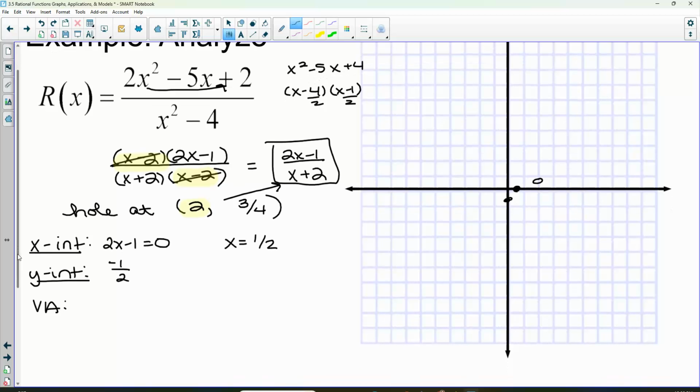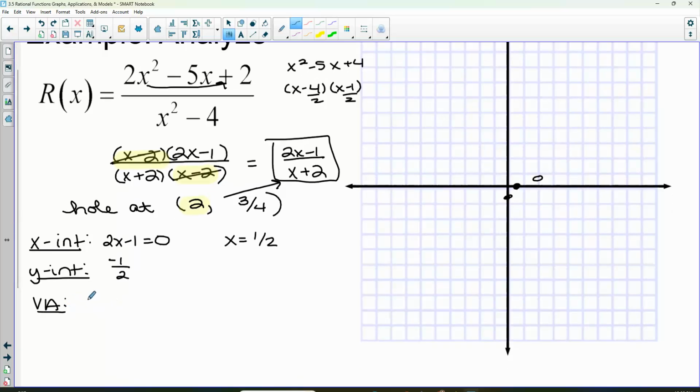And then we did our asymptotes. Vertical asymptotes, x equals, where do we look for that? The bottom. What makes the bottom 0? -2. So vertical at -2. Then we have to decide horizontal or oblique.